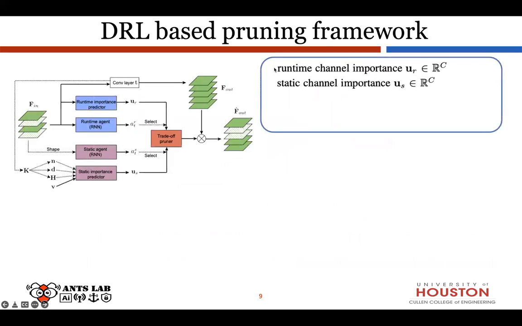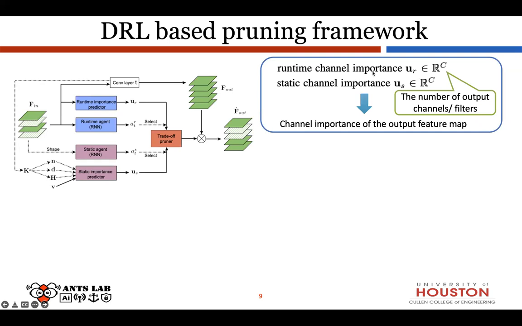Next, let's see the details of each part. Firstly, we look at these two vectors, the runtime channel importance vector UR and the static channel importance vector US. UR and US are two vectors, and there are C elements in each vector. C is the number of output channels or the number of output filters.